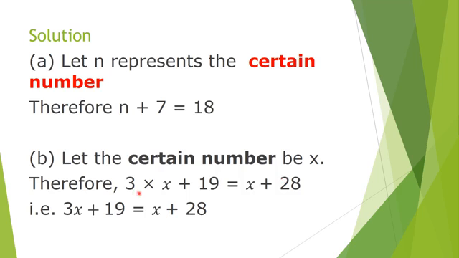Now 3 times x will give you 3x plus 19 is equal to x plus 28. So if you interpret those sentences or words, this is what you get at the end of the day.